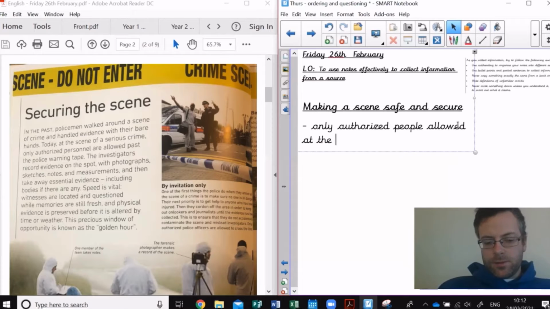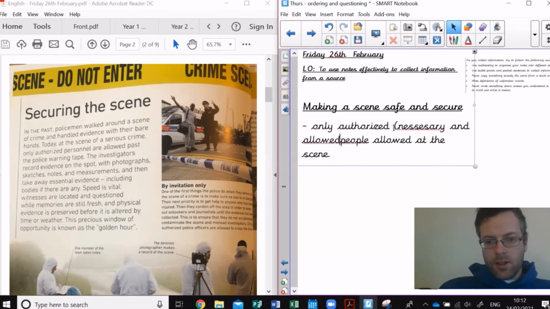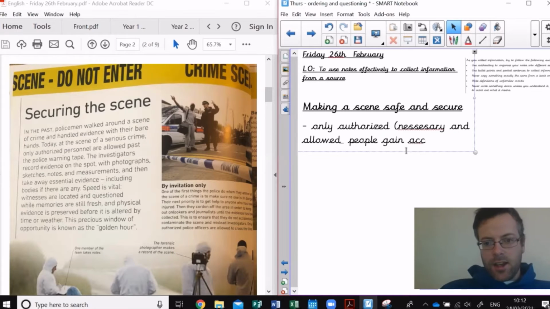At the scene. Now, I might not know what authorised people mean, so I'm going to put necessary and allowed people. Only authorised people gain access to the scene.